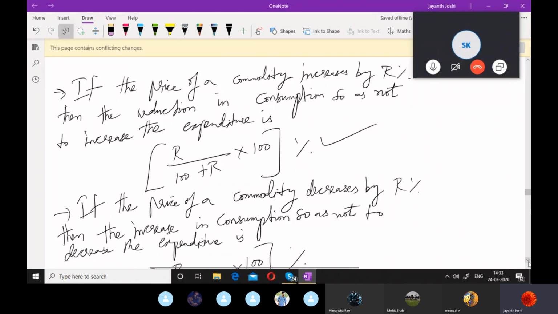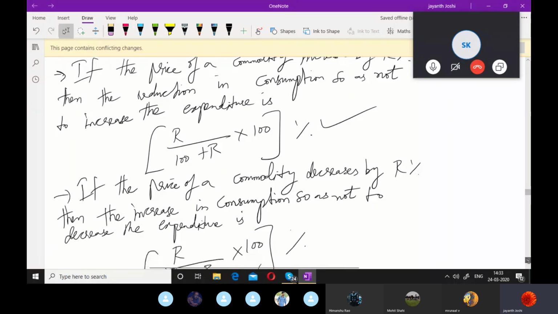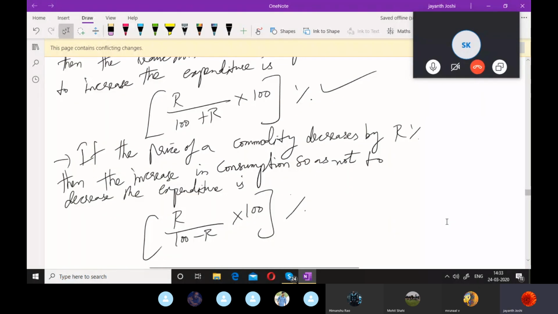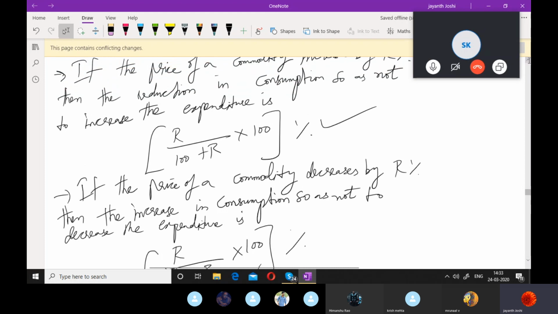If price increases, consumption decreases. Next, if the price of a commodity decreases by R%, the consumption increases by R by 100 minus R into 100, the whole percent. Just make a note of these two formulas, then we'll go forward.